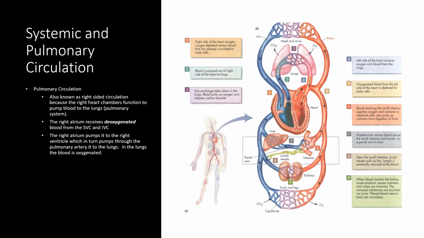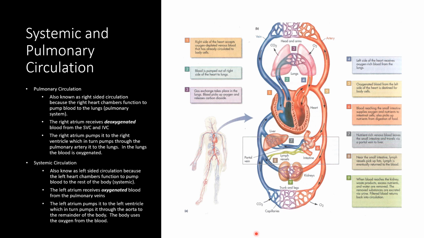The right atrium receives deoxygenated blood from the superior vena cava and the inferior vena cava. Once it receives this blood, the right atrium pumps it into the right ventricle, which in turn pumps the blood through the pulmonary arteries to the lungs. Once this blood reaches the lungs, the blood is oxygenated.